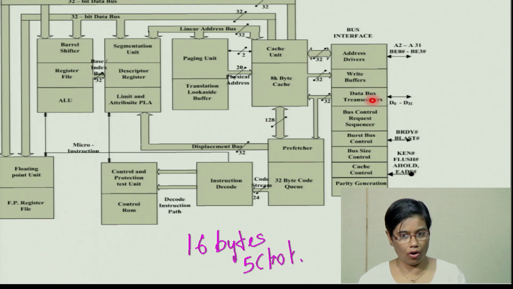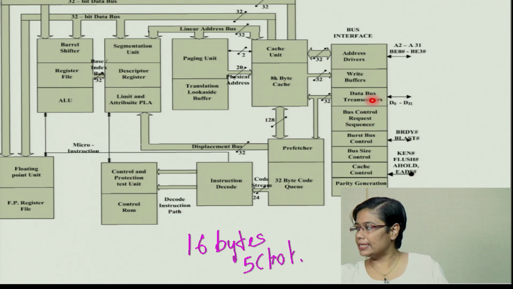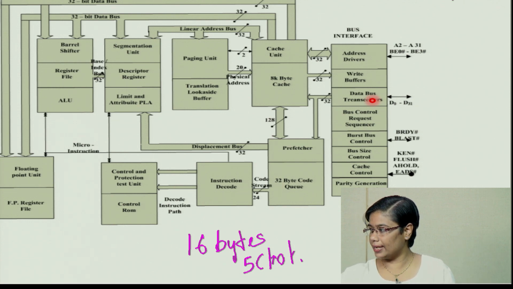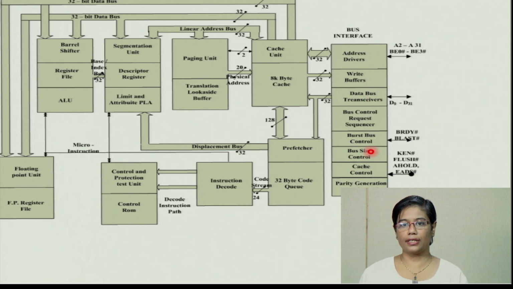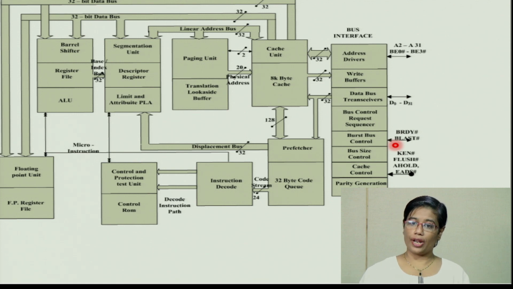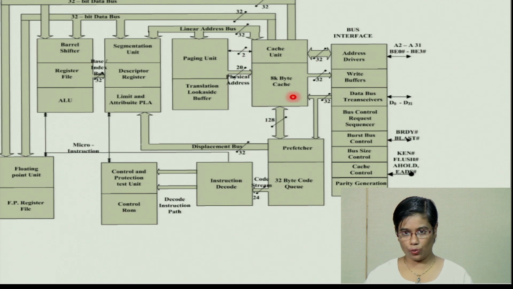In a period of 5 clock cycles, it is capable of finishing these 16 bytes of transfer. So you can see that the bus interface unit of 80486 also has what is called as the bus burst control available.